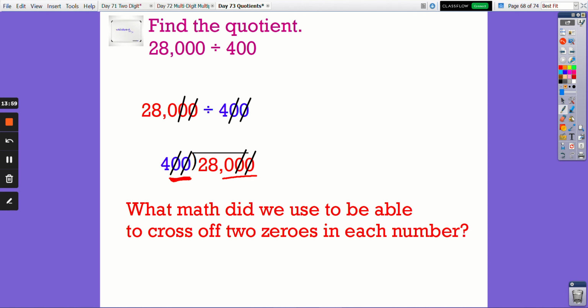So now we can do 4 goes into 28. It can't go into 2. But it's going to go into 28 7 times, and then we have 1 extra 0, 70.